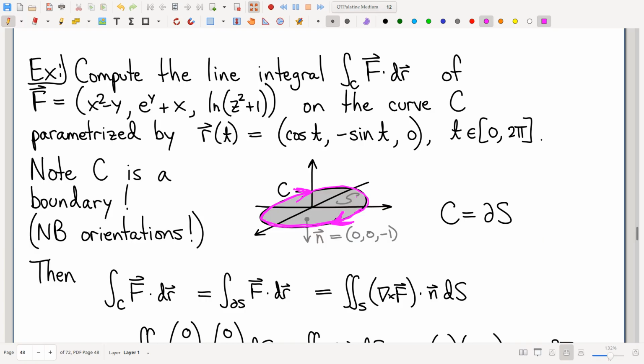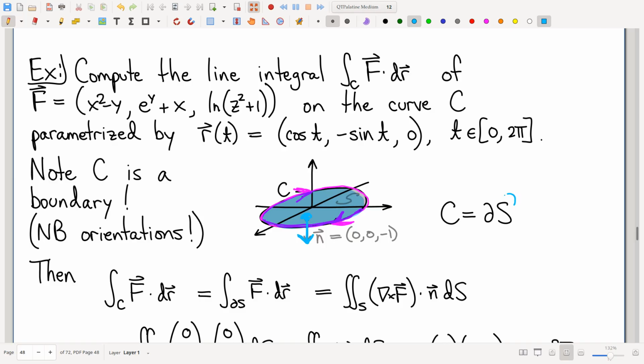Because look at it from underneath. Imagine you get down real low underneath the XY plane and look at it from underneath, it would totally look counterclockwise. So that's just not how boundaries work for surfaces in space. And in fact, this absolutely is a boundary of that surface, as long as we understand that we mean that surface in the sense of being oriented downward.